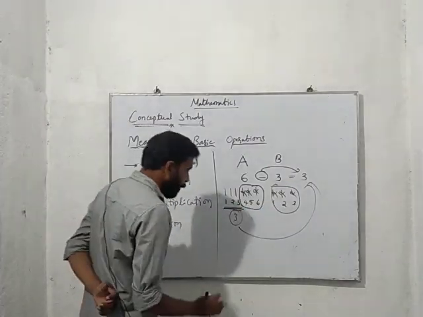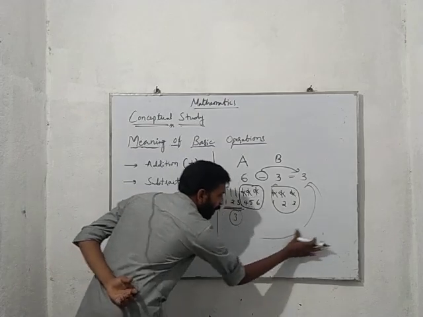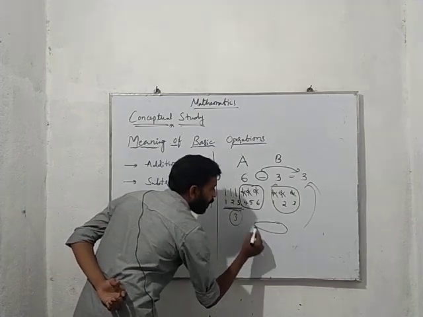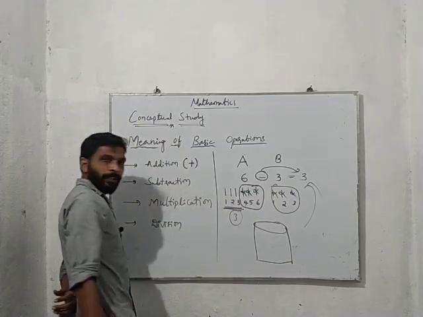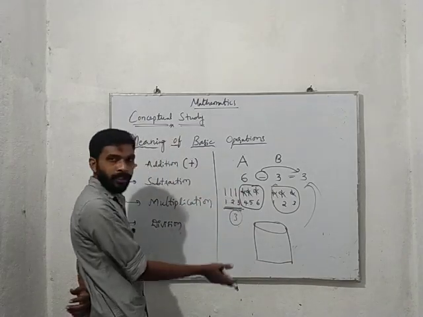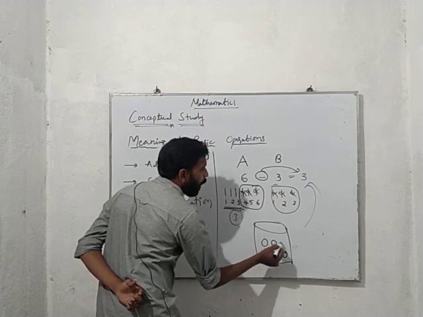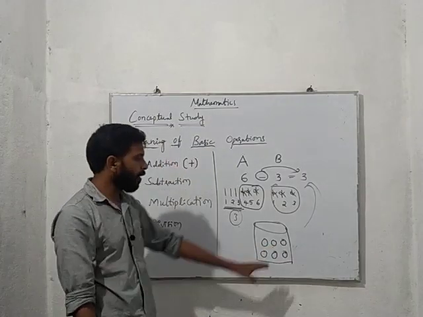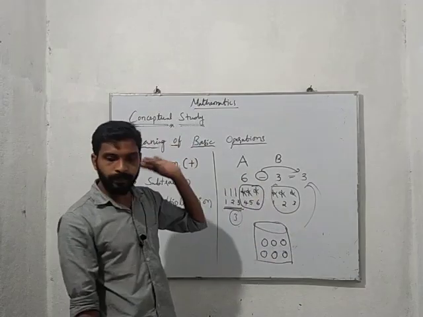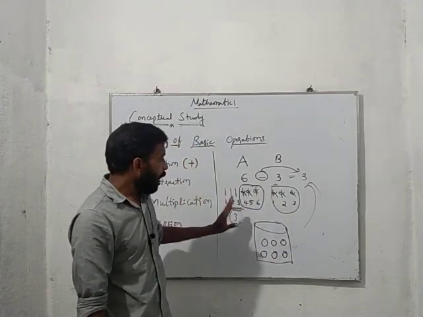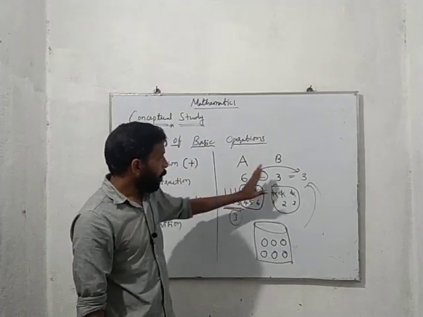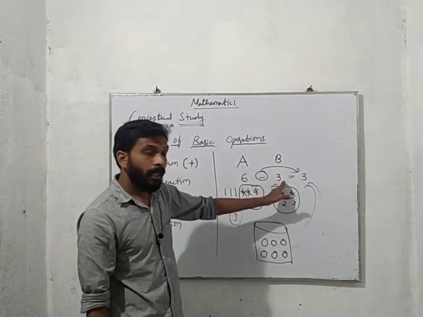Let me explain this by considering a jar. In this jar I asked A to keep his chocolates. He kept 1, 2, 3, 4, 5, 6 chocolates. These are the 6 chocolates with A. Again I am asking to subtract 3 from this.